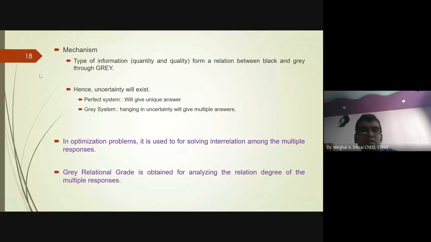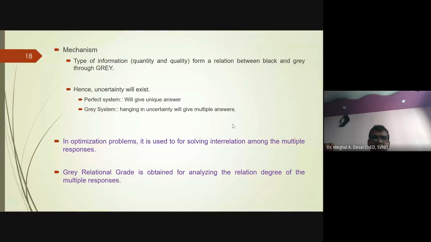So in gray theory, if it is a perfect system, we will have a unique answer. In a gray system, we will have multiple answers. That means if there are coefficients in that, I will show you that. The moment you play with the coefficient, you will have multiple answers.